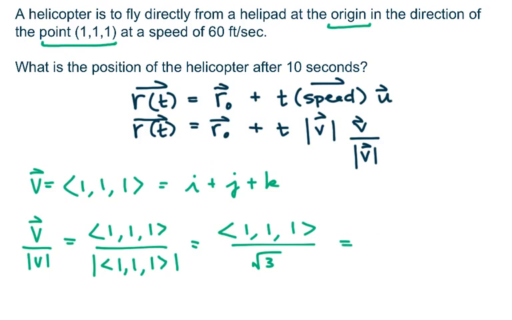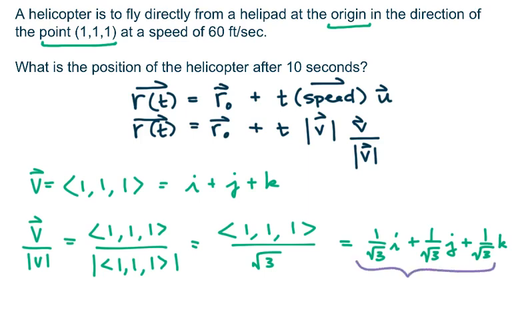We can rewrite this as 1 over root 3 i plus 1 over root 3 j plus 1 over root 3 k. So this represents my unit vector for v, which is just v divided by its magnitude.